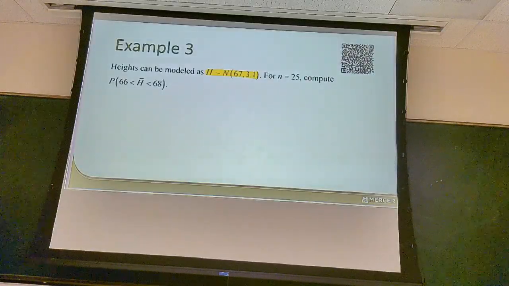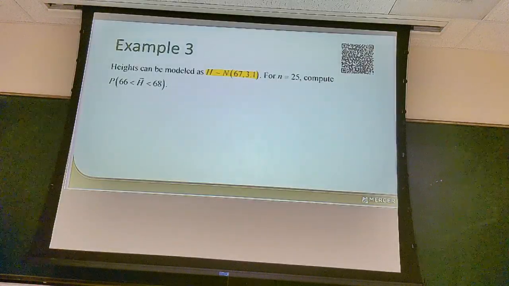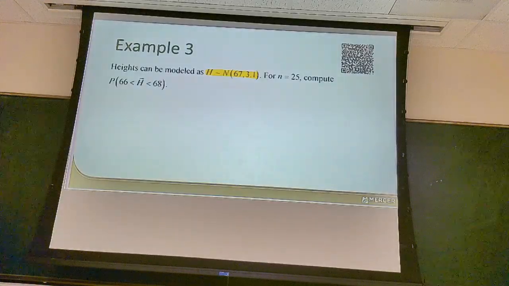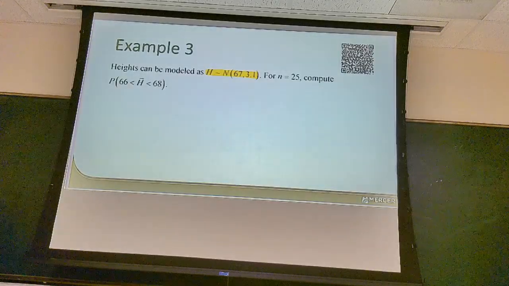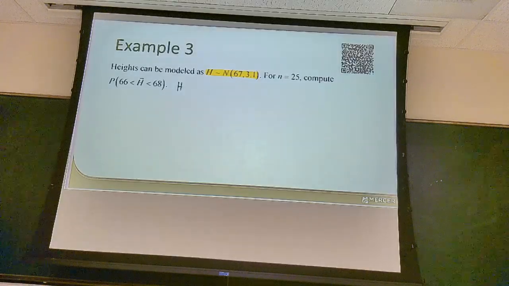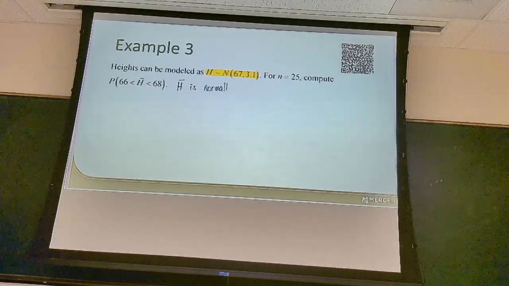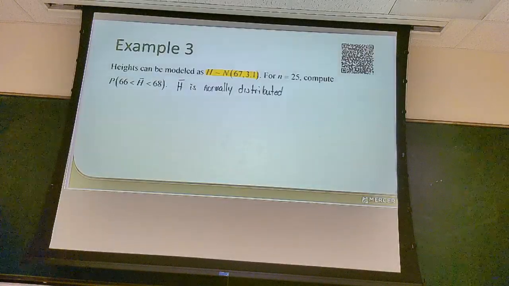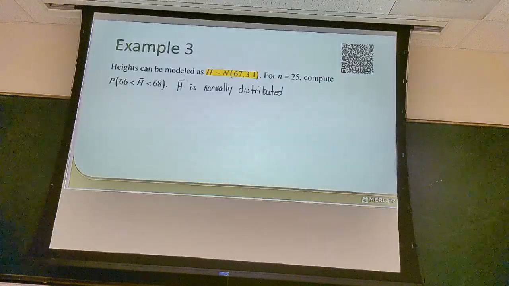Heights are normal. Since the population is already normally distributed, their means are normally distributed.